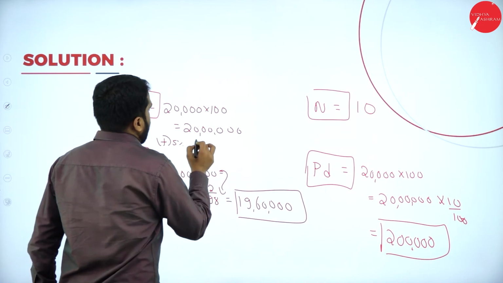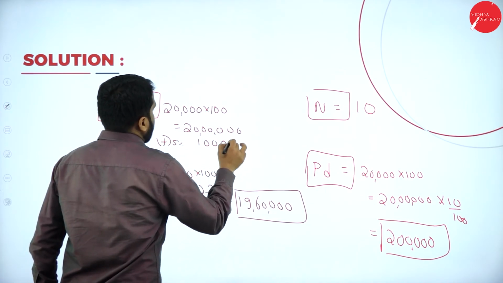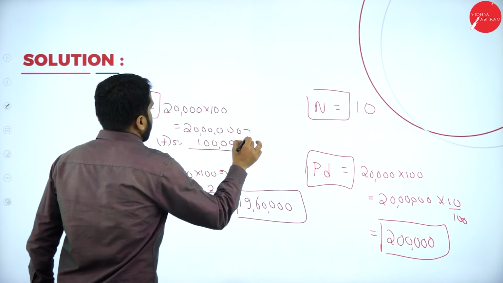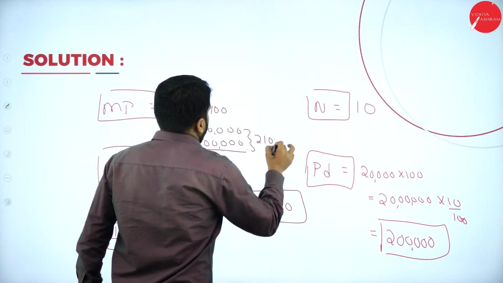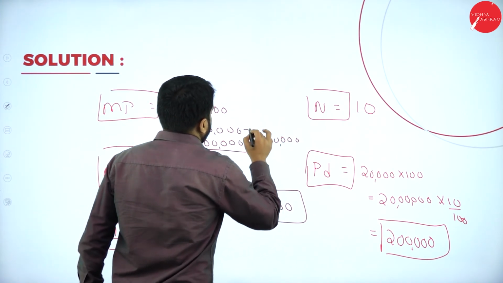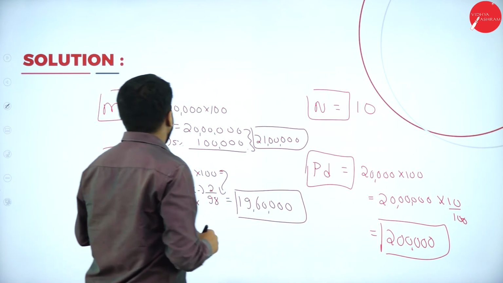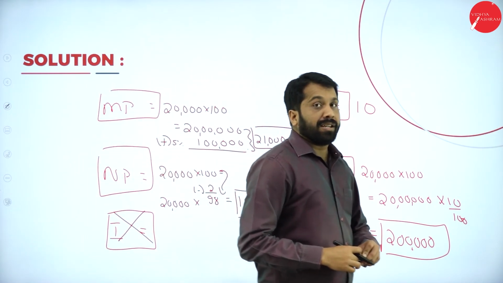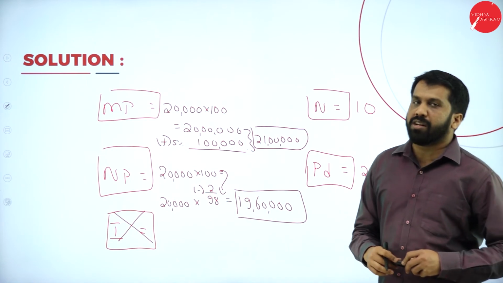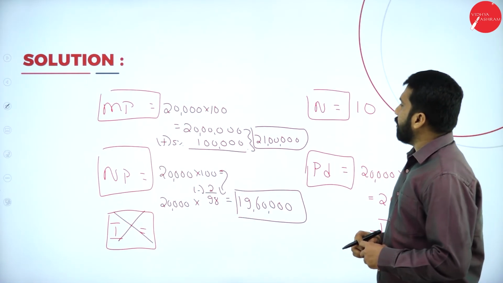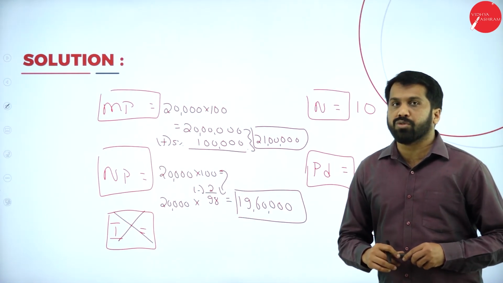How much you will get? Around 1 lakh you will get. So it will be 21 lakh. So what is your market price? Your maturity price is 21 lakh. These are the calculations we have.